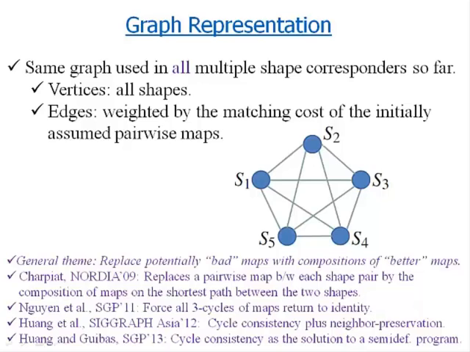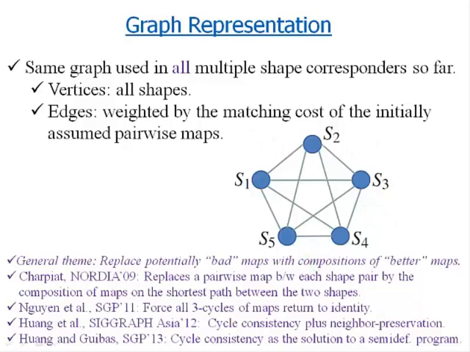So in 2009, this trend starts with this work where he replaces a pairwise map between each shape pair, like S1 and S5, by the composition of maps on the shortest path between those two shapes. So this map can be replaced by the composed map on this outer path.